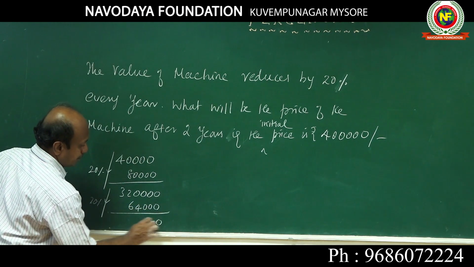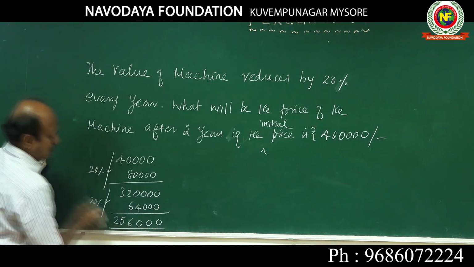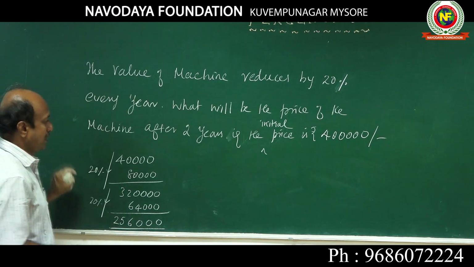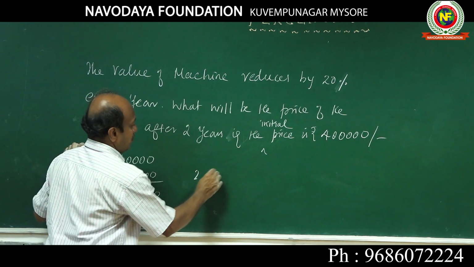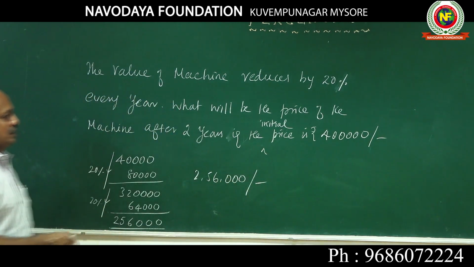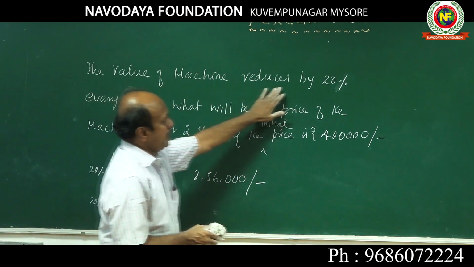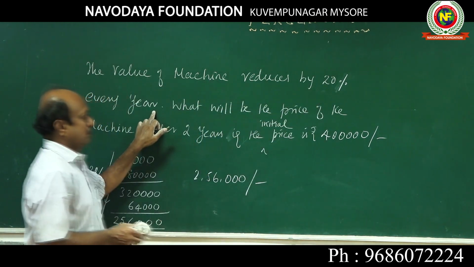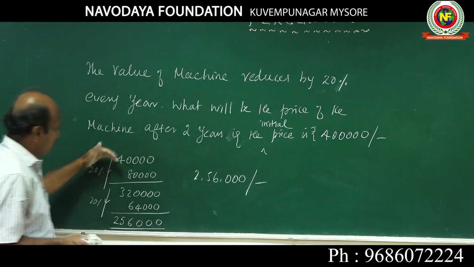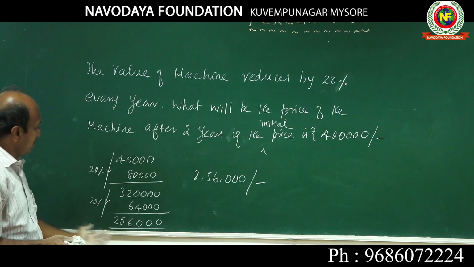Therefore, the price of the machine after 2 years is 2 lakhs 56,000. Here the value of the machine is reduced by 20% year after year. First find 20%, then on the reduced value again find 20%, then we will be getting 2 lakhs 56,000.